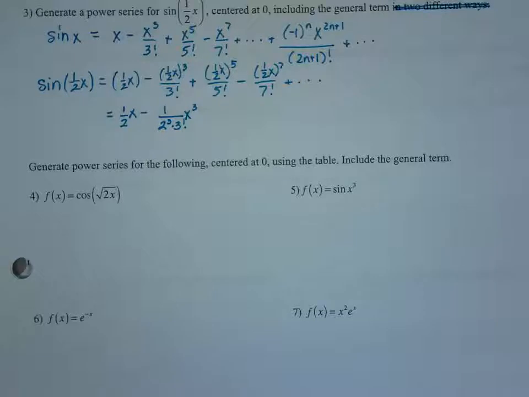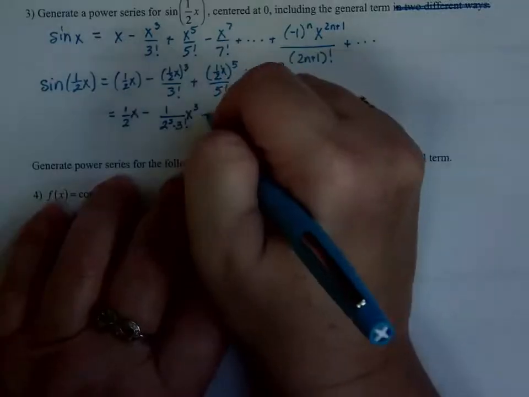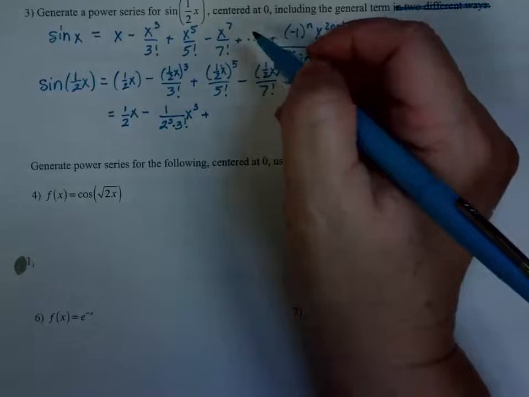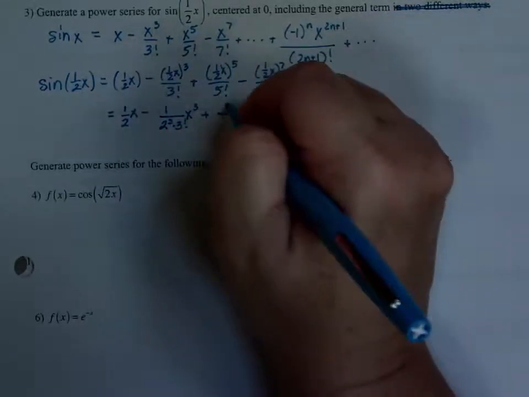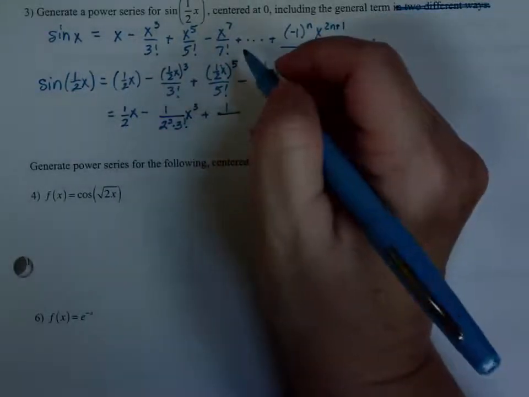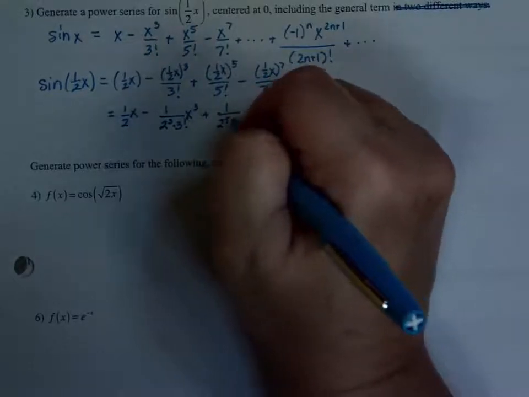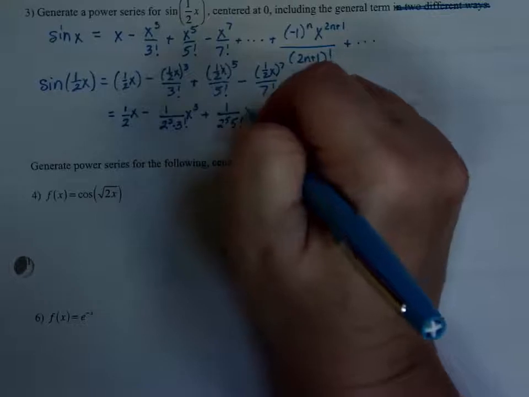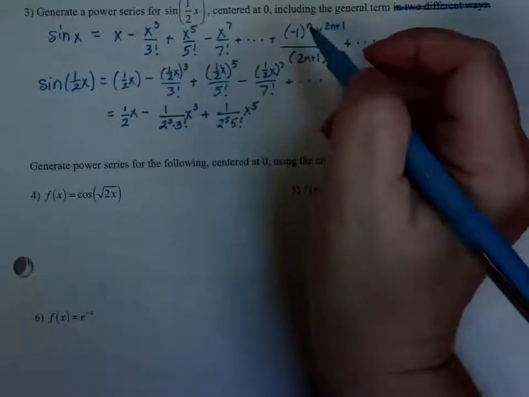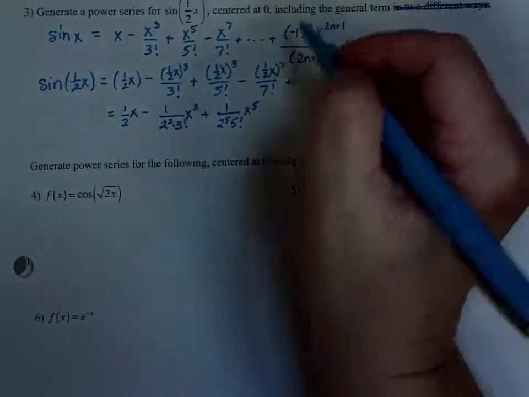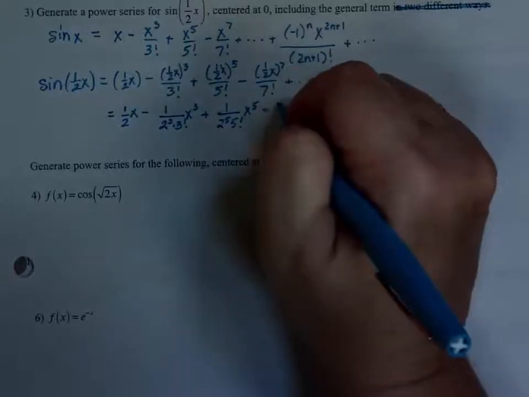Okay. Now, how is the next term going to look? 1 over what? 2 to the 5th, 5 factorial, and then out to the side, x to the 5th. You seeing the pattern? And let's do one more. So the 1 to the 7th is just 1.